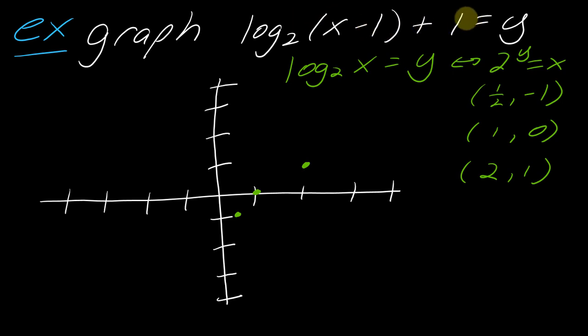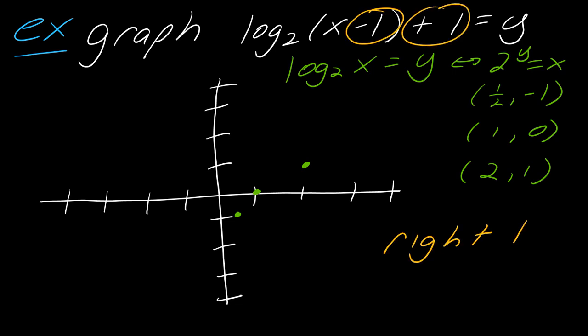So what happens with this graph here? How do we think through that? Well, this graph is going to move right 1 and also up 1. If you're not sure how you want to graph this, and it can be hard to make a table for this, you can think of these 3 points that you know will get you the shape, and then you can just move them.